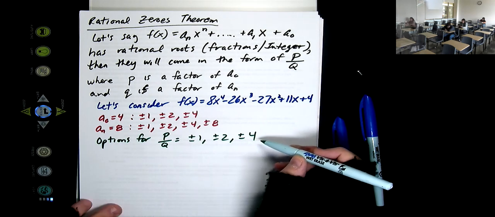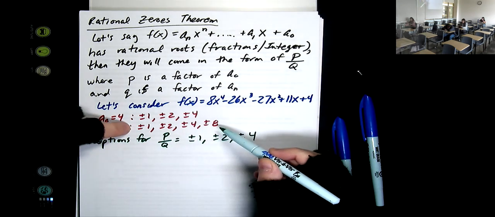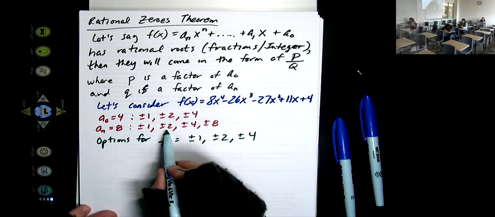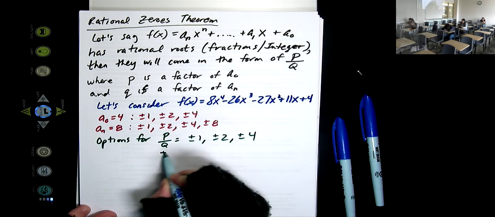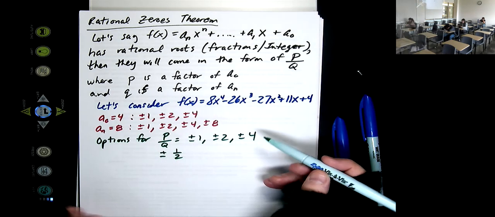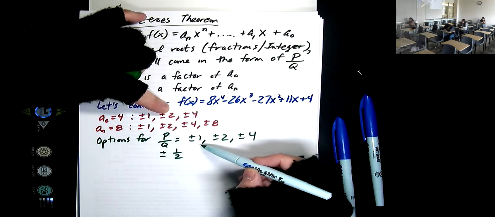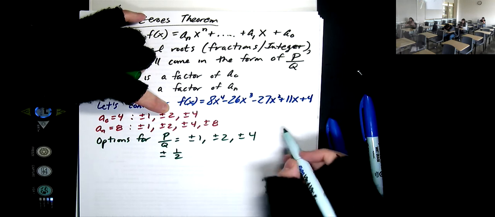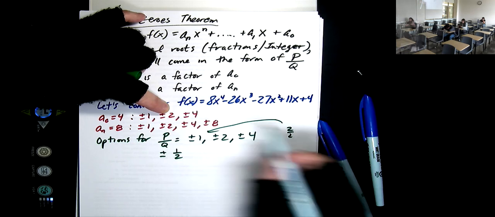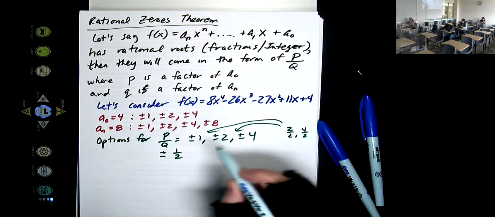Then divide each of those options by the other factors of a sub n. If I divide this by 2, I've got plus or minus 1/2. If I divide the 2 by 2, I get 1, but I've already got 1 on the list. 4 over 2 gives me a 2, and I already got that. So I don't want that one.